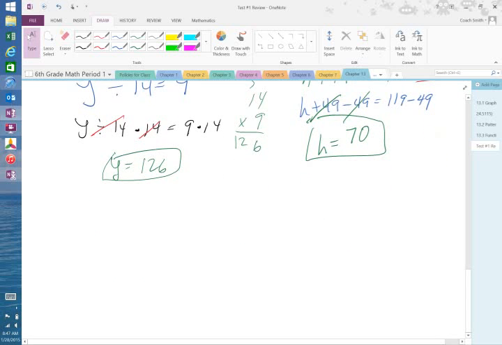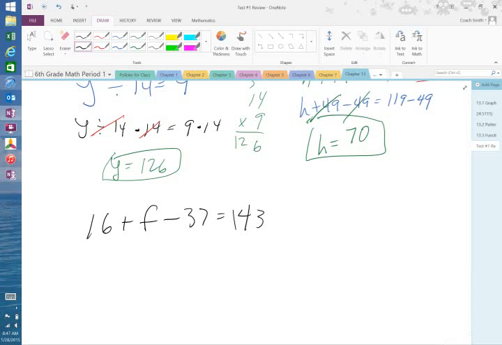Now, let's look at this one. This one's a little weird in the sense that they didn't put everything in a nice, neat order for us. 16 plus F minus 37 equal 143. Now, this one they didn't put in a nice neat order where the numbers are together, and there's a couple of ways you can do this problem.